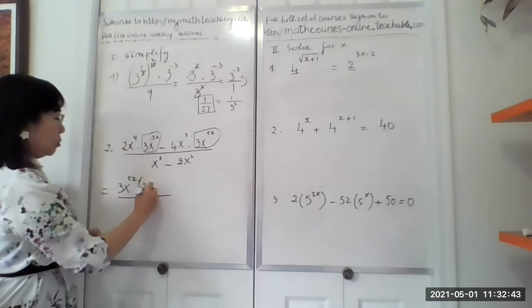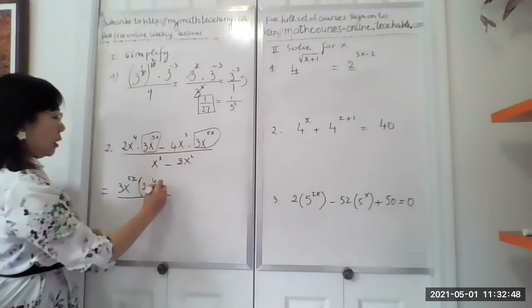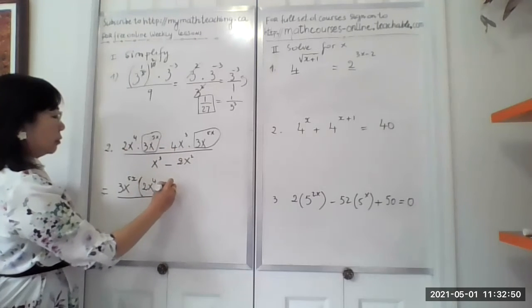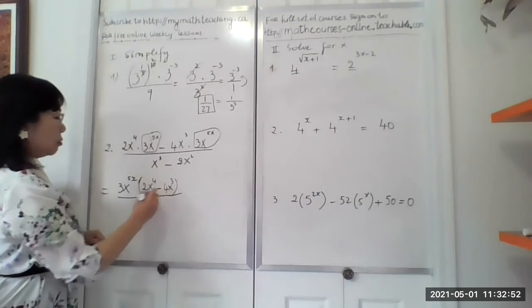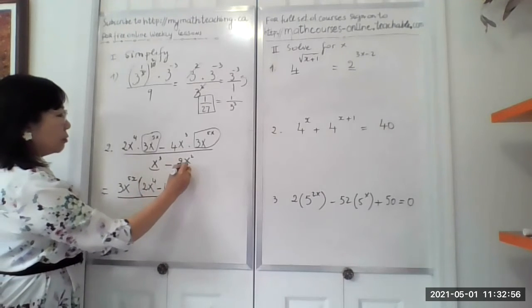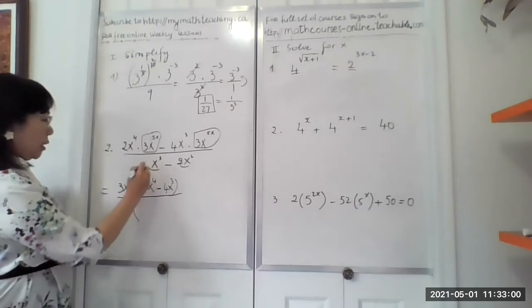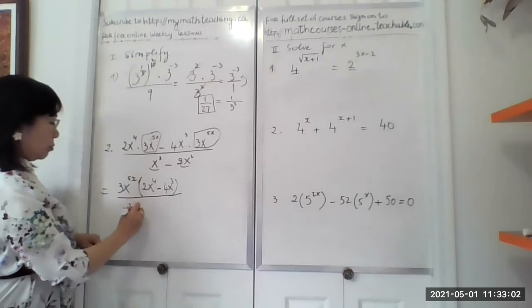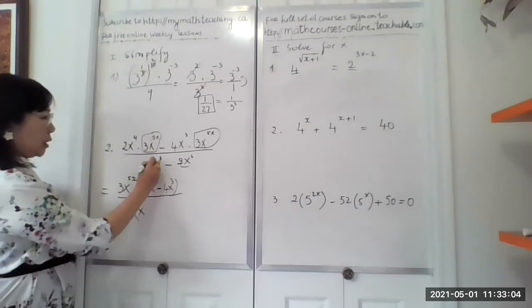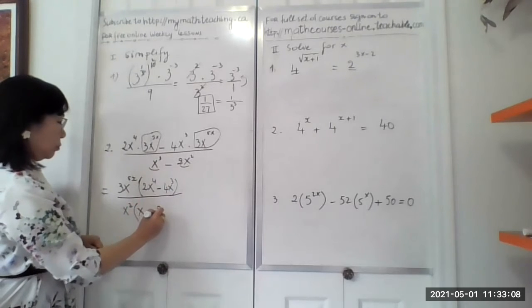Inside, I have 2x to the power 4 minus 4x to the power 3. Close the bracket. Down here, I'm going to pull out x squared as a common factor. And inside, I will have x to the power 1 times 2 is x to the power 3 and minus 2.